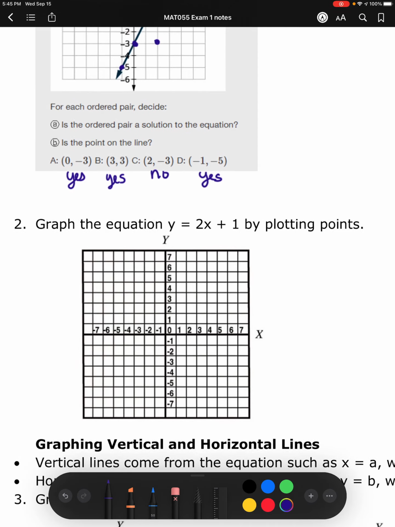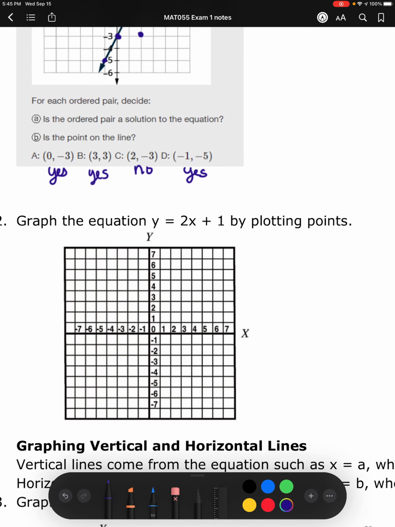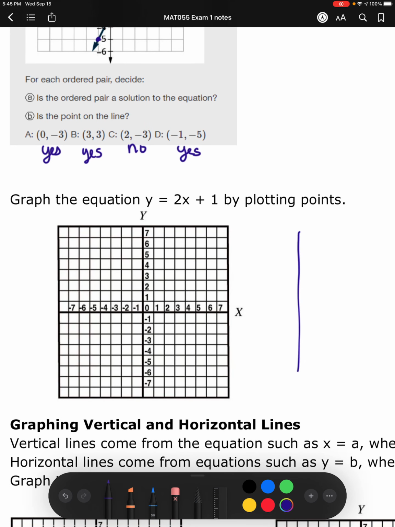All right, we're going to graph our first equation by plotting points. To do that, we want to make a table of x and y values. We get to choose what x's we want, and usually -2, -1, 0, 1, and 2 are good ones to use, but then we have to find what the y is.